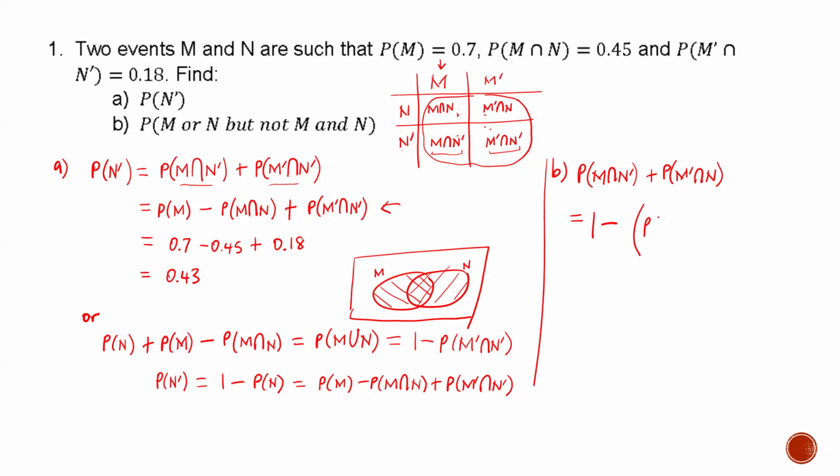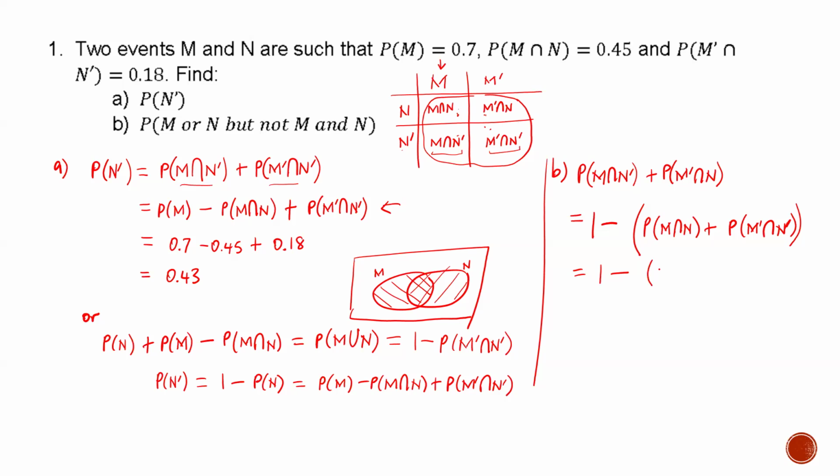So you could say that it's 1 minus the probability of M intersection N plus M complement intersection N complement. If you think about it, this is M and N, which is not wanted, and this is not M and not N, so it's also not wanted. And to get the probability of a set you want, you can get the probability of the complement and then subtract it from one, which is what we are doing.